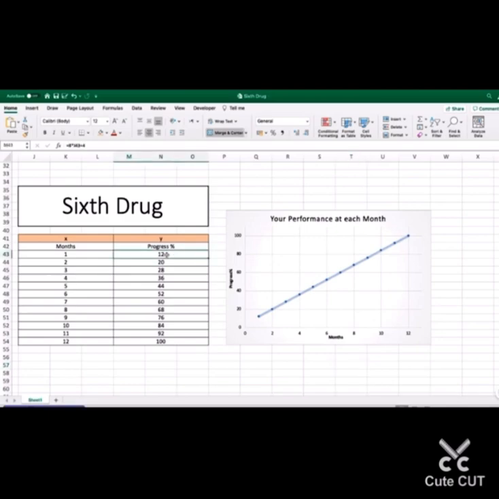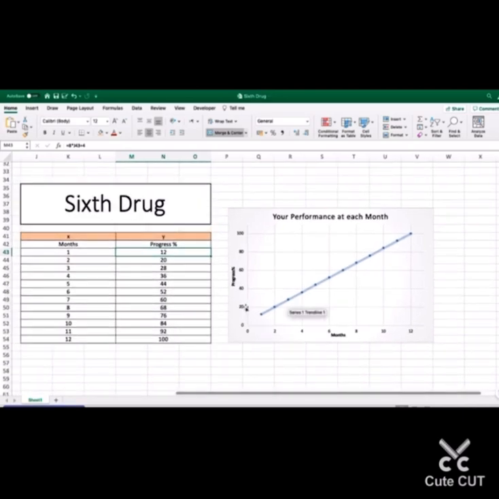Look at this: 12, 20, 28, 36. Always the difference is 8. From 12 to 20 is 8. From 20 to 28 is 8. All the way to 100. 100 minus 92 is also 8. So whenever we have a constant change, whether upward or downward, you have a linear relationship.